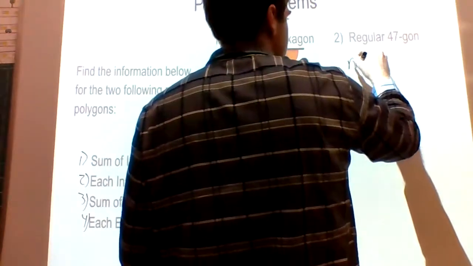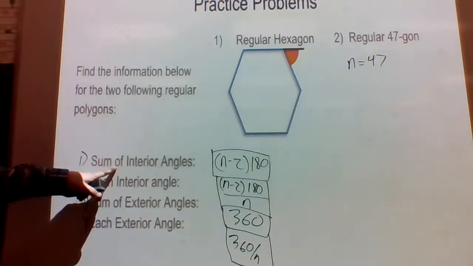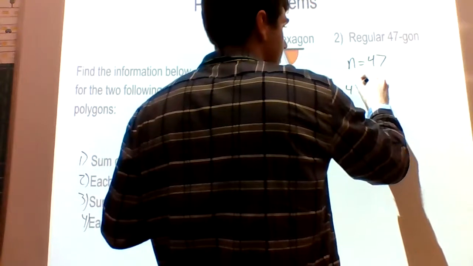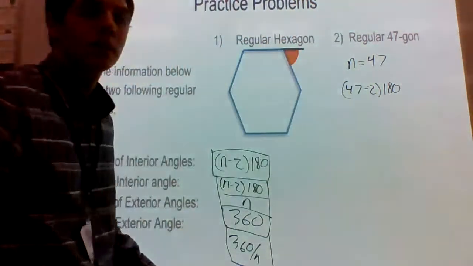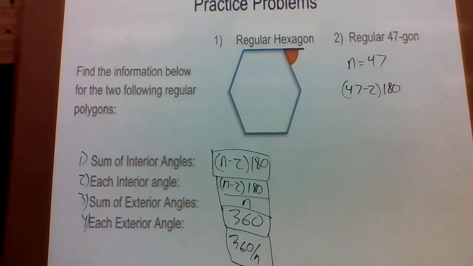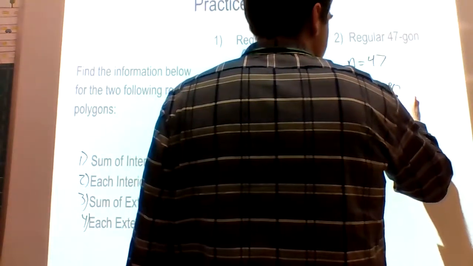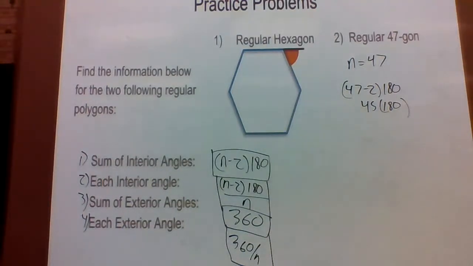If we're trying to find the sum of the interior angles, we can just use the formula: 47 minus 2 times 180, meaning we can make 45 triangles out of a 47-sided polygon. 47 minus 2 is 45. 45 times 180, I'm using the calculator.